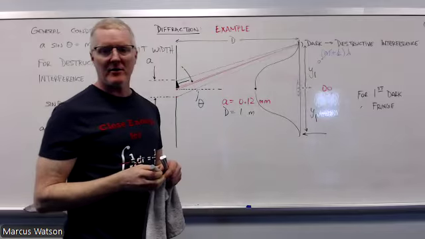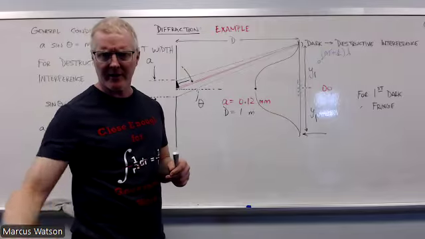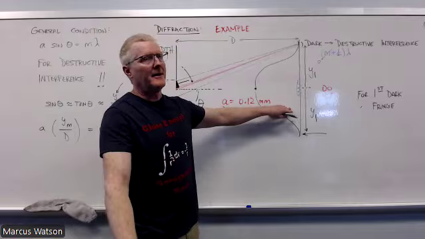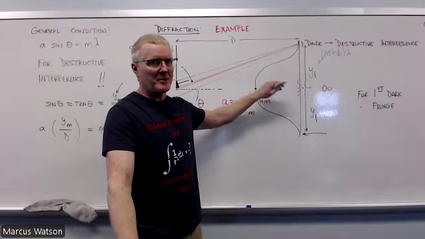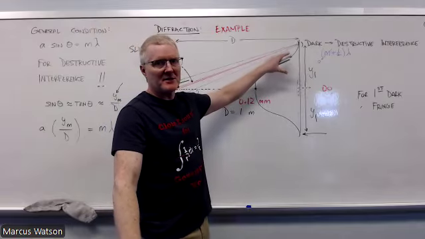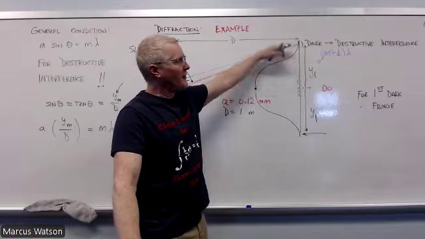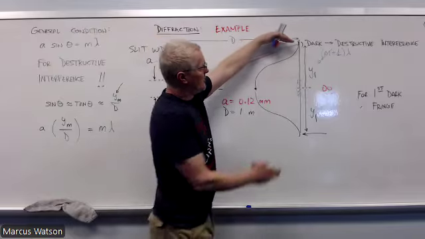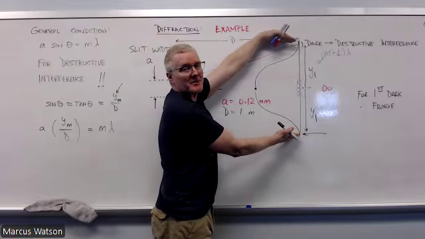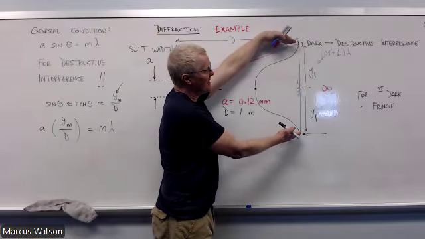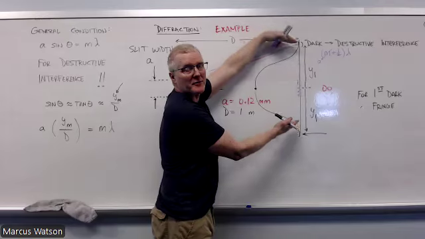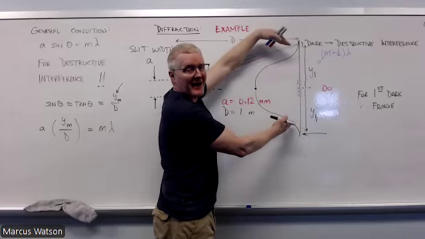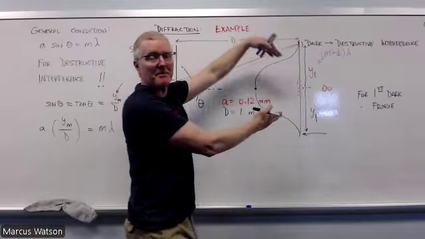Can you see that the width of the central maximum is basically twice the distance that we would call y from the middle of the central max to the first dark fringe? The width of the central maximum is the distance from the first dark fringe on one side to the first dark fringe on the other side. That defines how big the central maximum fringe is.